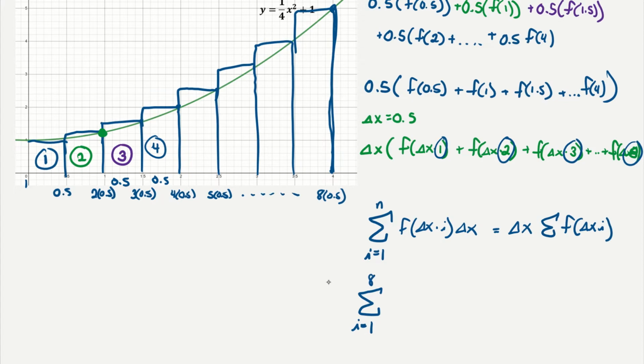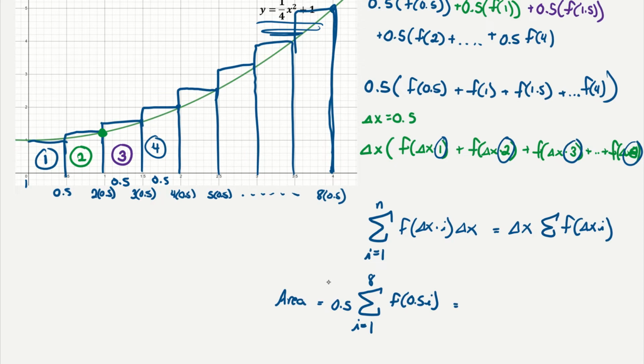So from i equals 1 to 8, we're going to put our change of x out here, which is 0.5. So I should write that our area is going to equal 0.5 times the sum of f of 0.5 times i. And that's the summation right there for this problem. But wait, what is f of x? Well, we have that up here. f of x is 1/4 x squared plus 1.